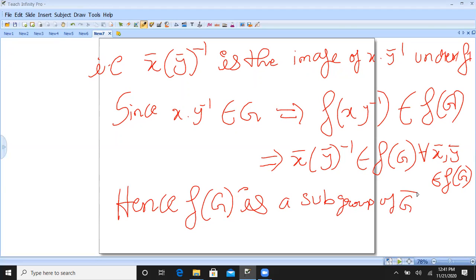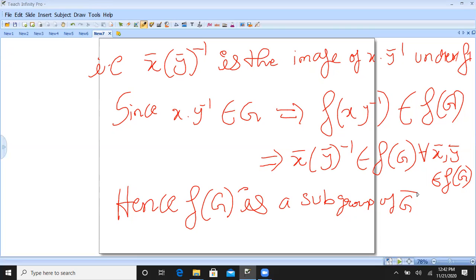Okay, f of G is a subgroup of G bar. This is your third property, number 2.